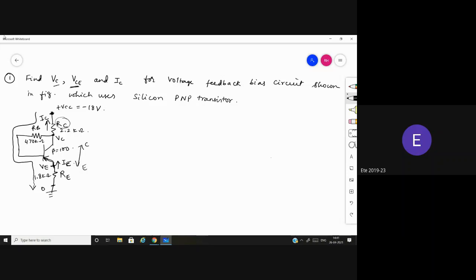This is the same circuit I have taken according to the derivation we have done.